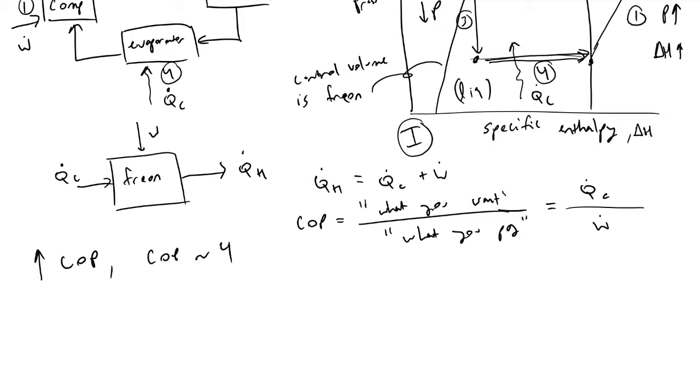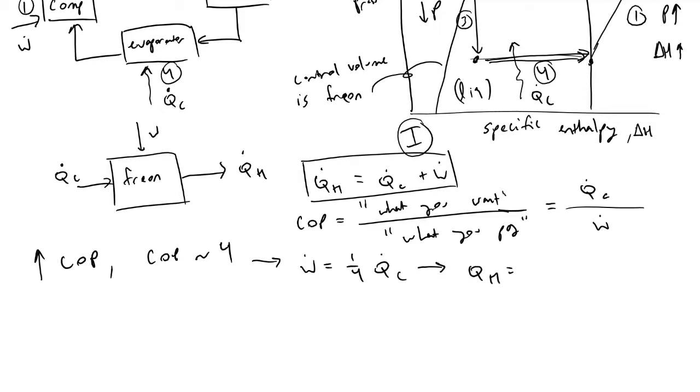And so what this tells us is that if we wanted to rewrite our energy balance in terms of QC and QH only, W is equal to 1/4 times QC, and therefore QH is equal to 1 plus 1/4 times QC.